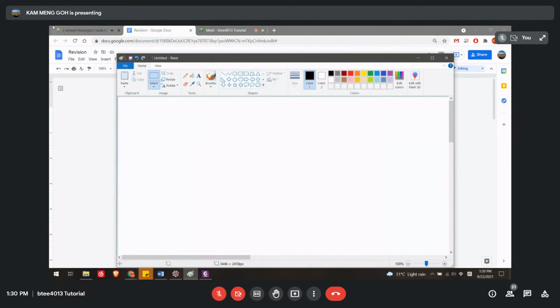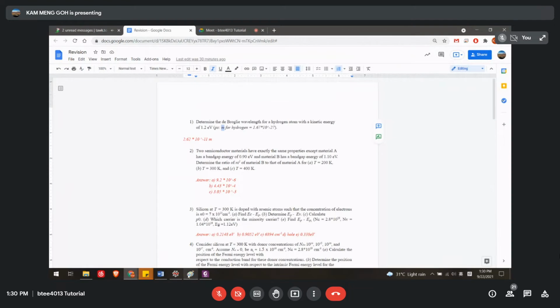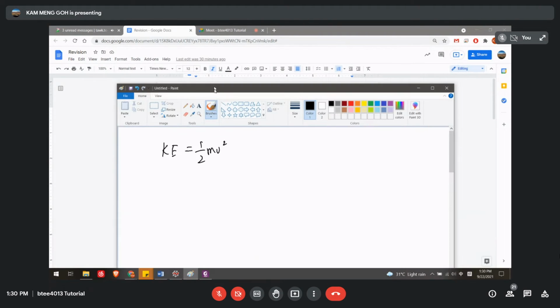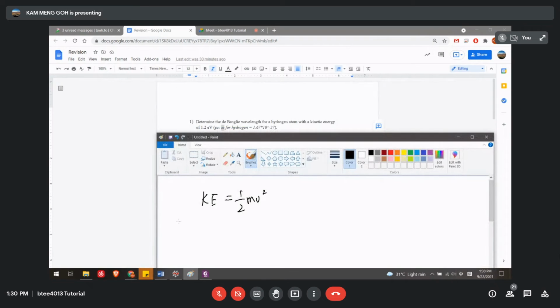At first, we are given the kinetic energy, which is half mv squared. But this one is in eV form, so v equals the square root of 1.2 times e multiplied by 2 divided by m, which is 1.67 times 10 to the power negative 27.